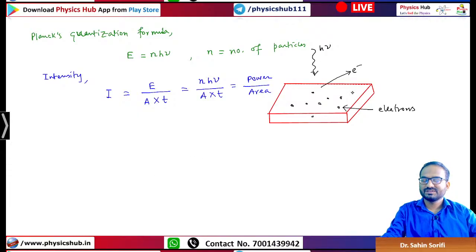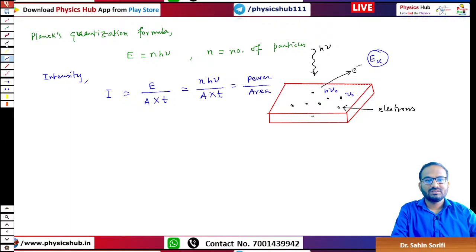Now h nu is incident, and let's say the threshold frequency is nu 0. The energy corresponding to it will be h nu 0, and let's denote the kinetic energy by Ek, the kinetic energy of the electron. The total is h nu.